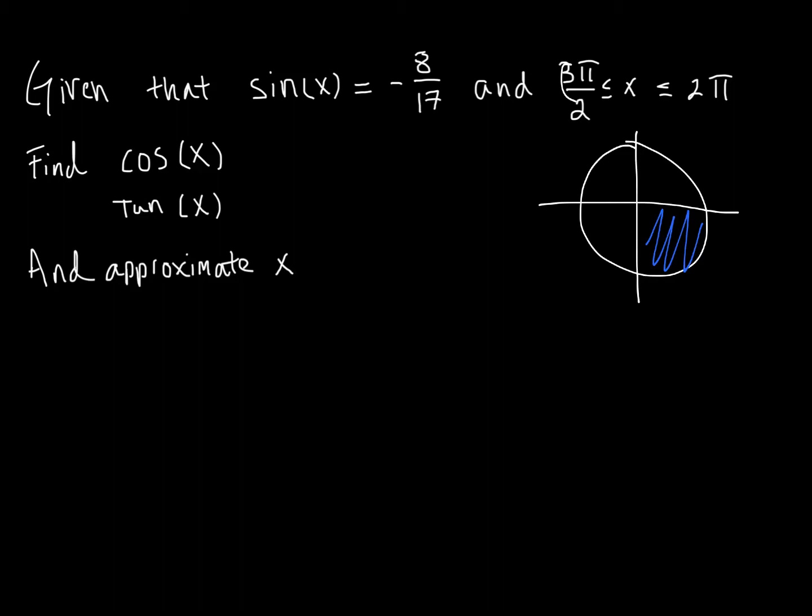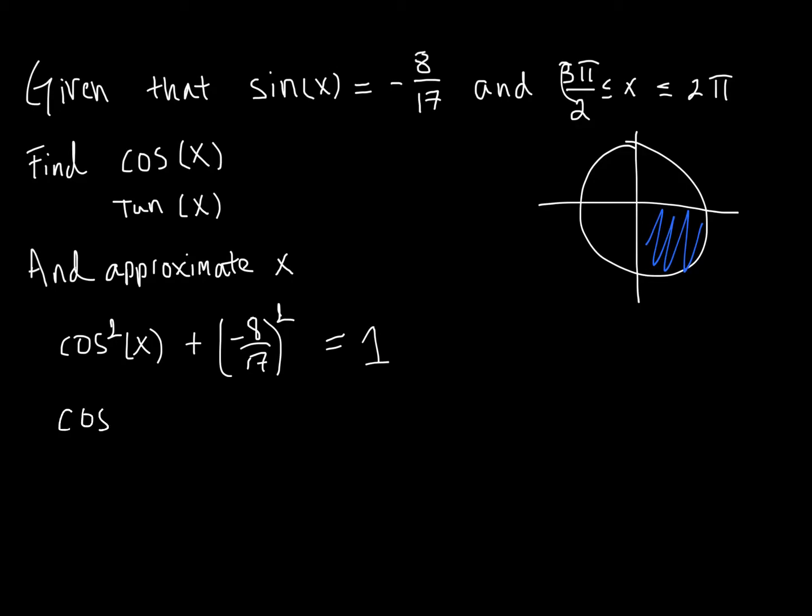So using the Pythagorean identity, I know that cosine squared of x plus negative 8/17 squared will equal 1. And I could take this one step further and start out by saying I know cosine squared is equivalent to 1 minus sine squared, and that's what I'm going to do in my next step.